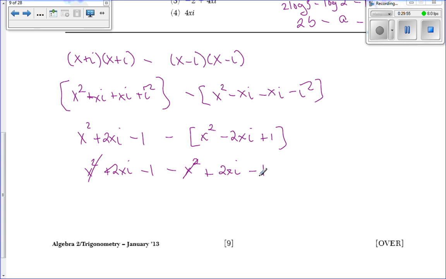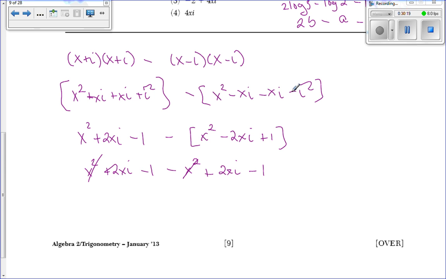Let's see here. I want to make sure. Negative xi times i is, oh, my mistake.